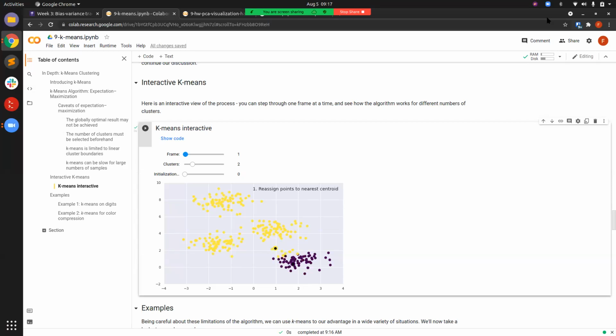Next, I'm going to reassign points to the nearest cluster. So here I have a yellow cluster and a purple cluster. This number of points are closer to the purple cluster, and these are closer to the yellow cluster. So far so good. My next step is going to be to move the cluster centers. So where do I expect these cluster centers to move? First of all, which one is going to move more, the purple one or the yellow one?